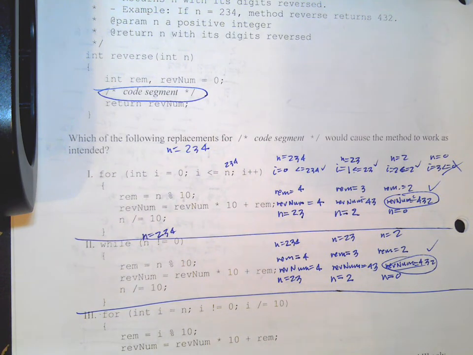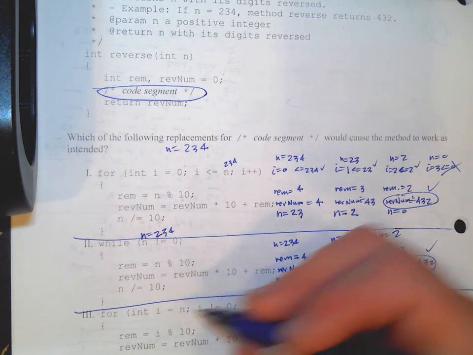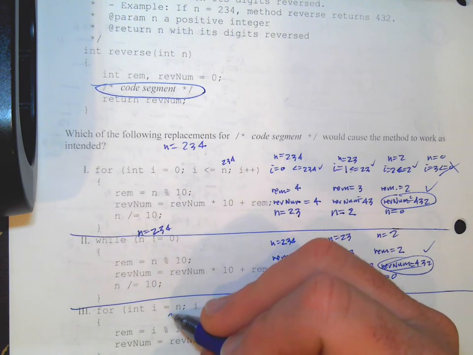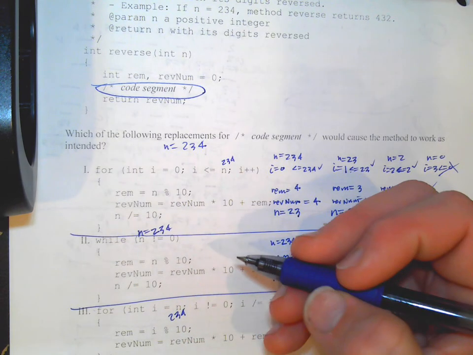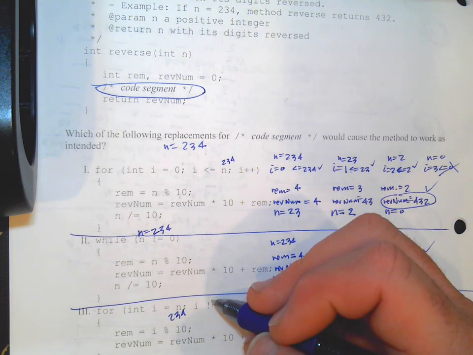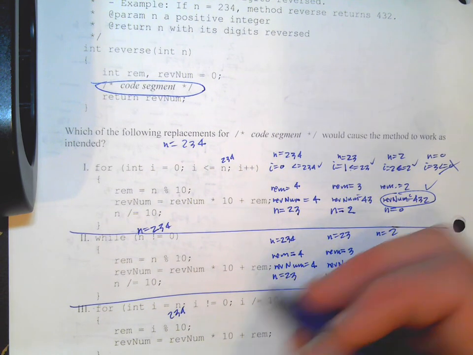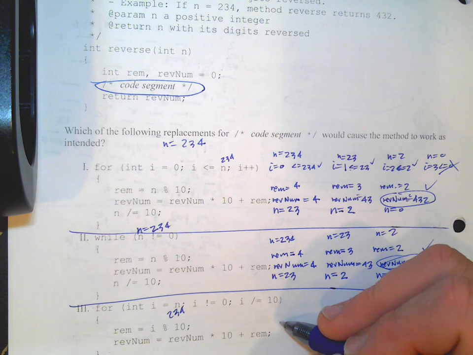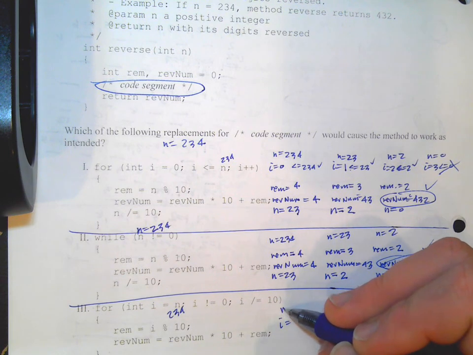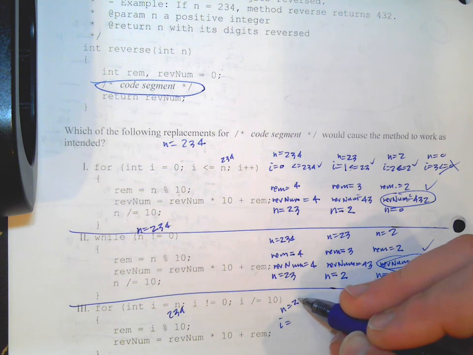This one starts at the remainder 234 and says, well, it's not equal to 0, do this. Okay. So n equals 234.